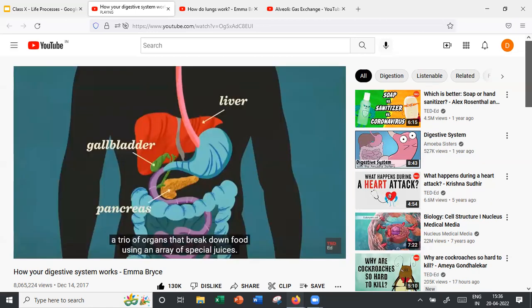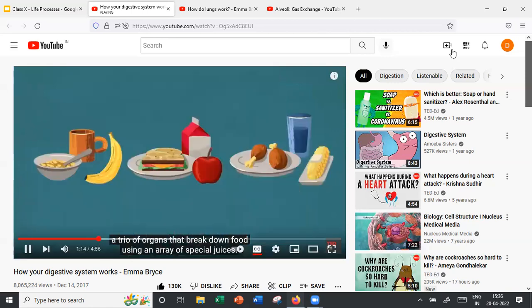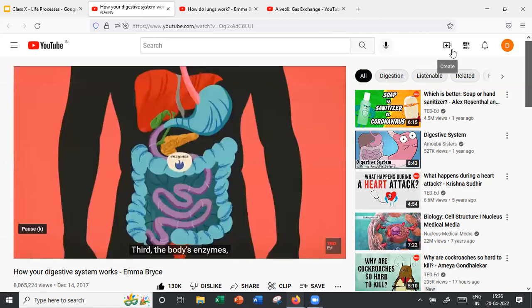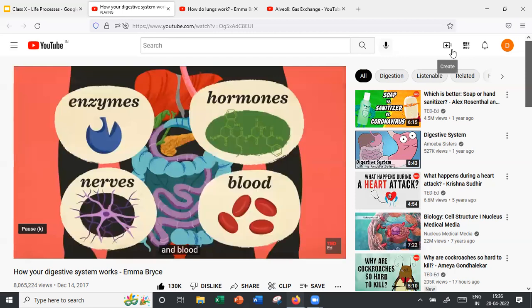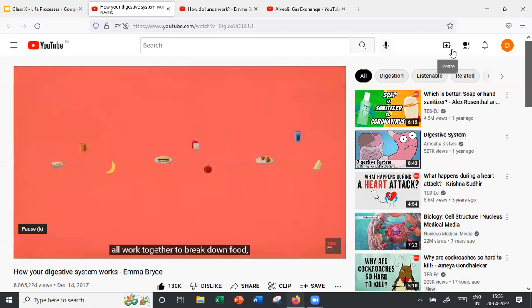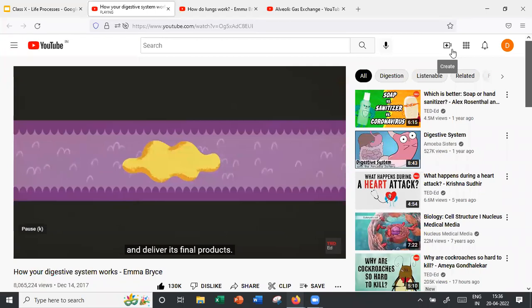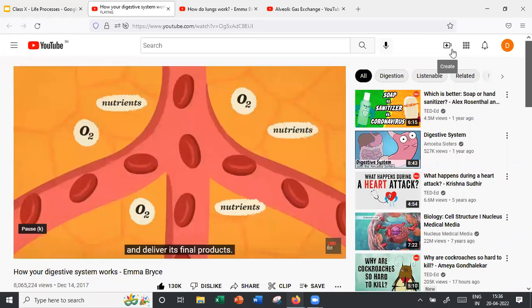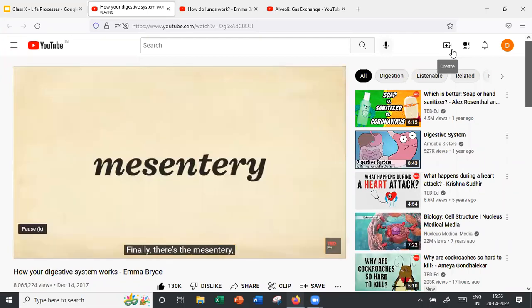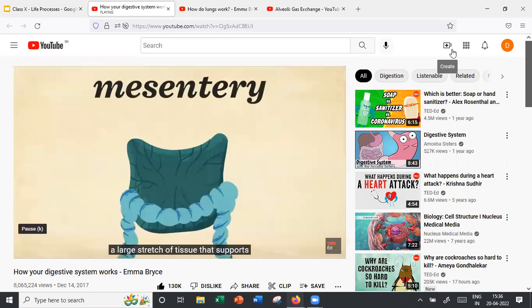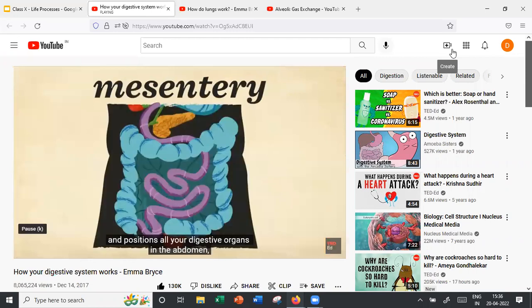Second, there's the pancreas, gallbladder, and liver, which produce special juices. Third, the body's enzymes, hormones, nerves, and blood all work together to break down food, modulate the digestive process, and deliver its final products. Finally, there's the mesentery, a large stretch of tissue that supports and positions all your digestive organs in the abdomen, enabling them to do their jobs.